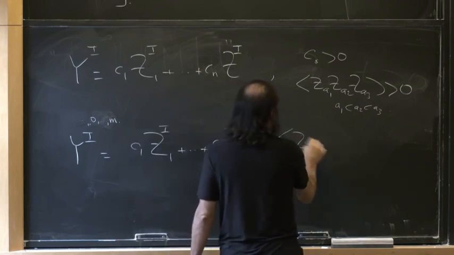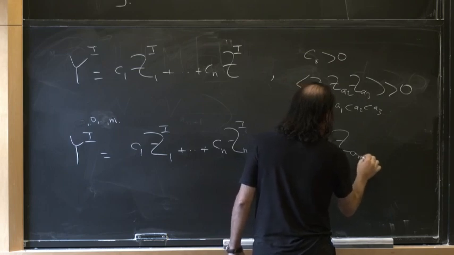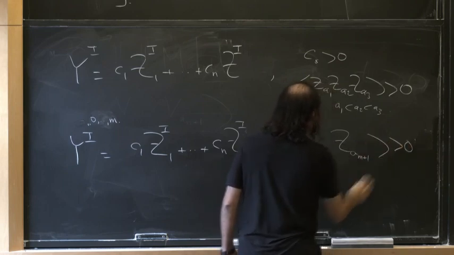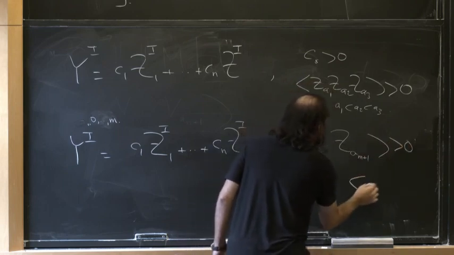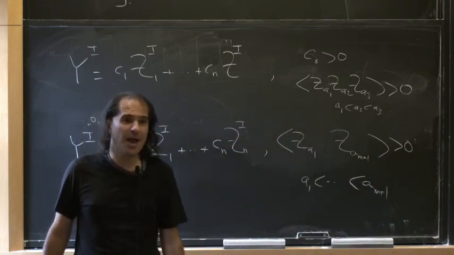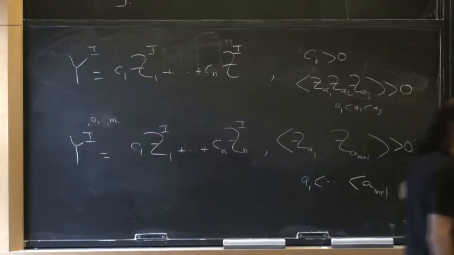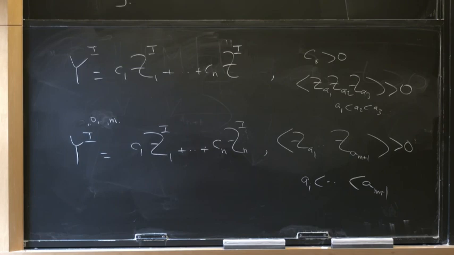And now ZA1 up to ZA(m+1) should be positive when A1 is less than up to A(m+1). So that's my definition of positivity for the external data here. Now I have an (m+1) by n matrix where all the minors are positive. And that's my external data.